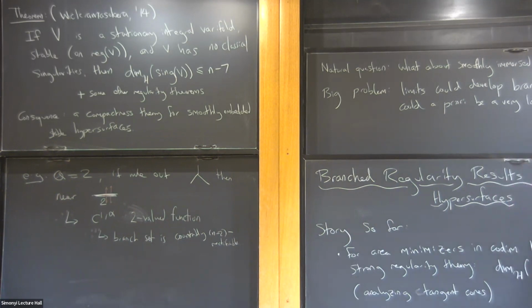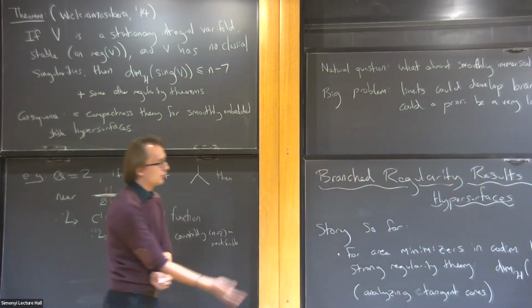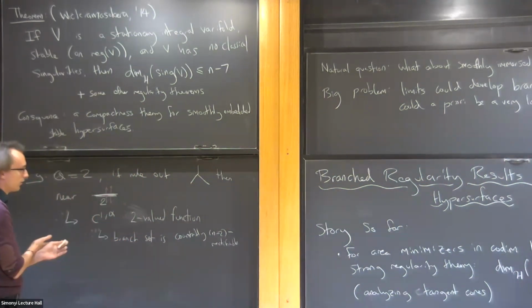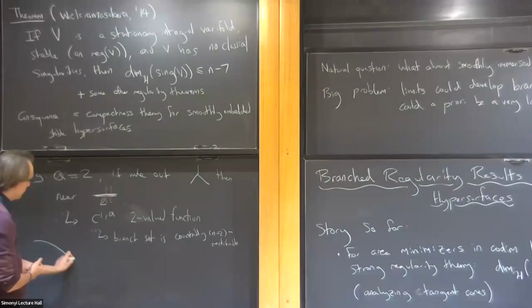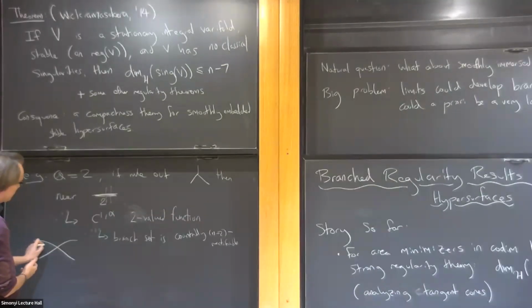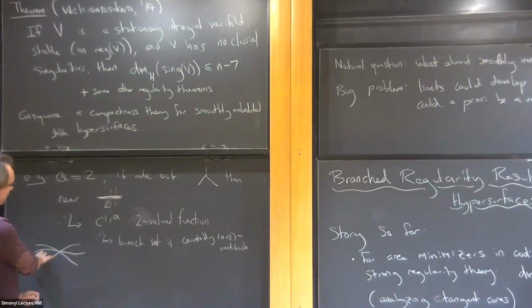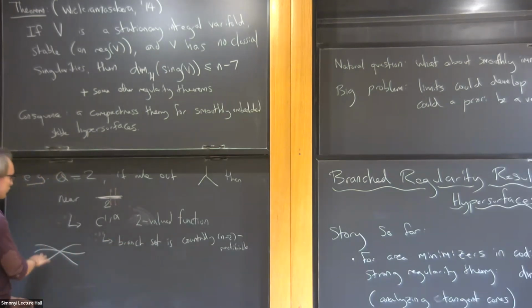And just to say what this generalized C1-alpha means: when you're talking about multi-valued functions, they can cross. This is the whole point. A C1-alpha crossing would typically look something like this, where each sheet is C1-alpha, like at a classical singularity. However, when you're just working with varifolds, a classical singularity doesn't need to be immersed.